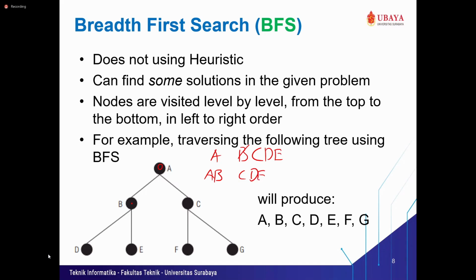So it's like this: C, D, E. Then check C. You get F and G. Put them on the right. Then you check D, and put anything you find here. Like that. That's the main difference between BFS and DFS. They are pretty similar, but very different in nature.